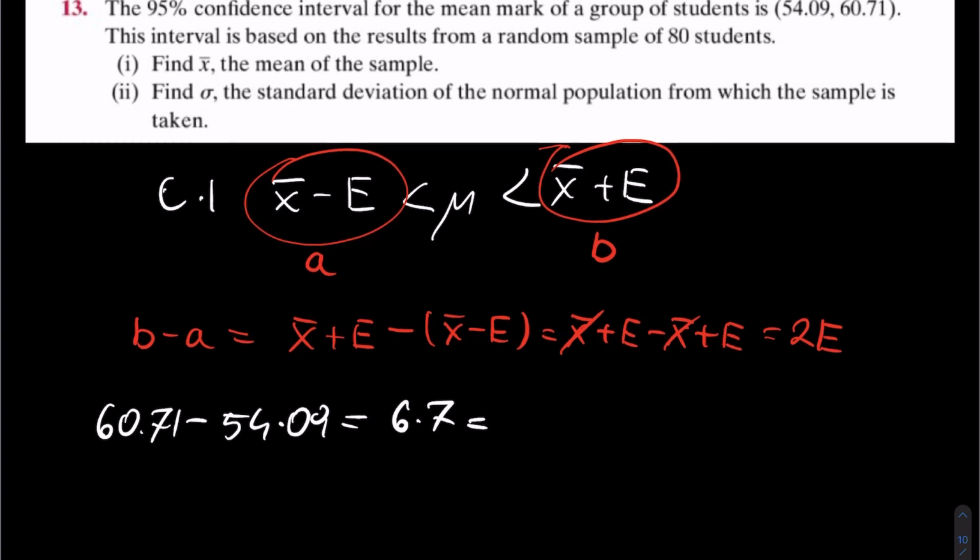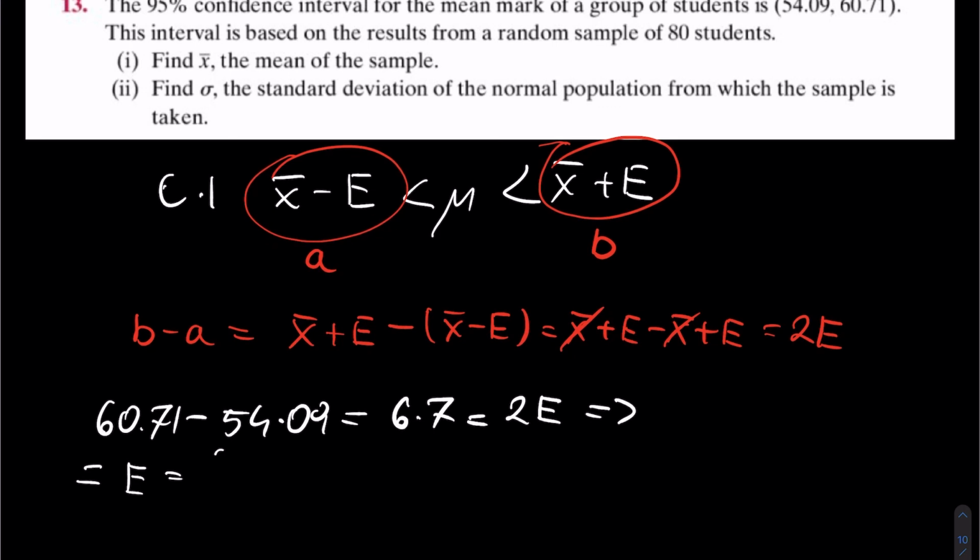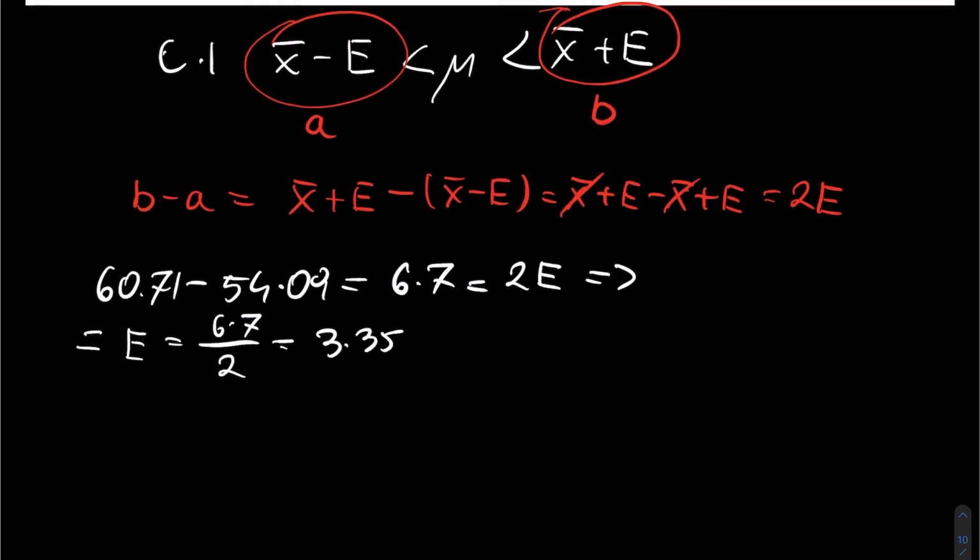And that is also equal to twice the margin of error. So from here I can get that E is equal to 6.7 divided by 2, which is equal to 3.35. So that's my margin of error.